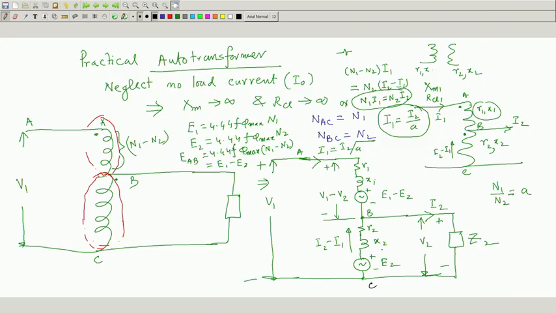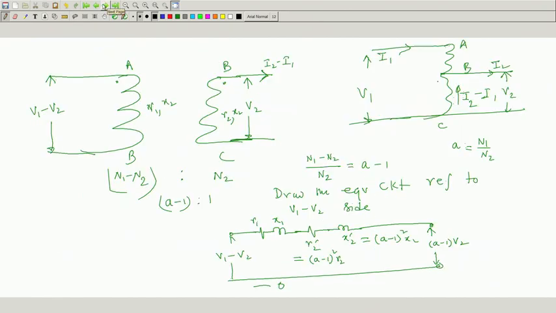But we want to find an equivalent circuit of this transformer referred to, say, the source side, that is this side. To do this, what we noted in my last class is that the portions AB and BC are two separate windings.